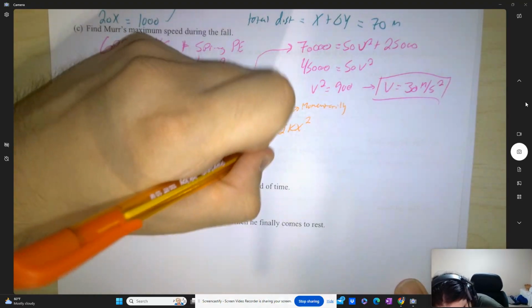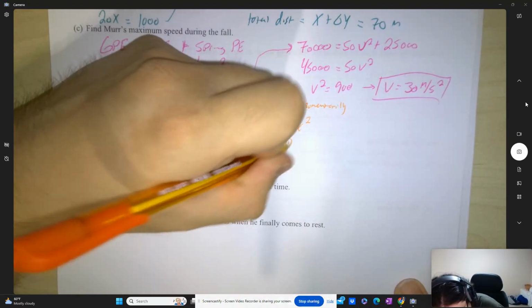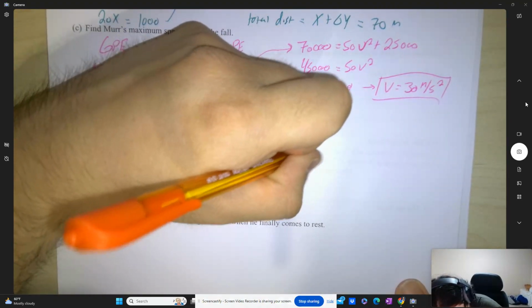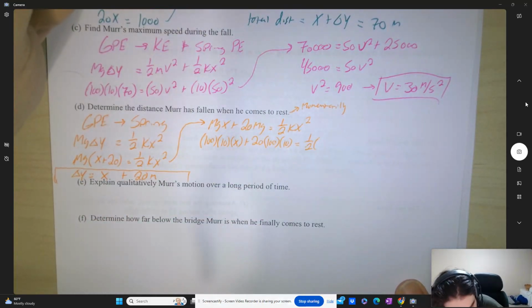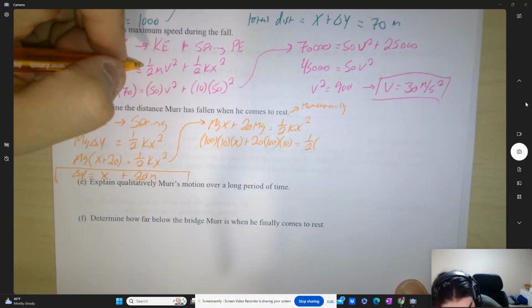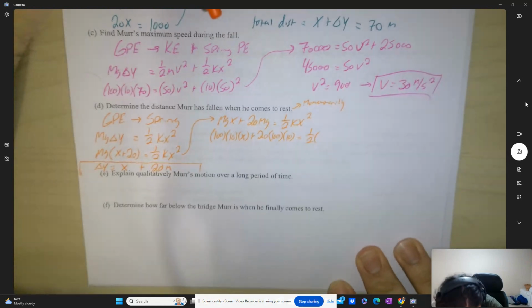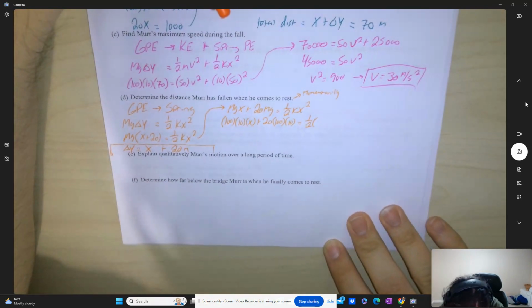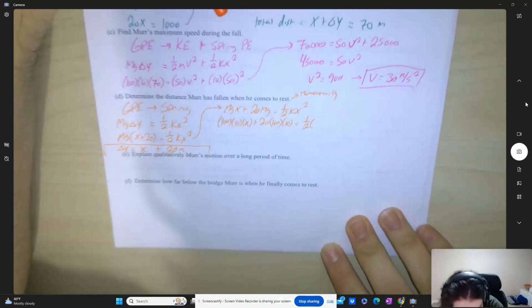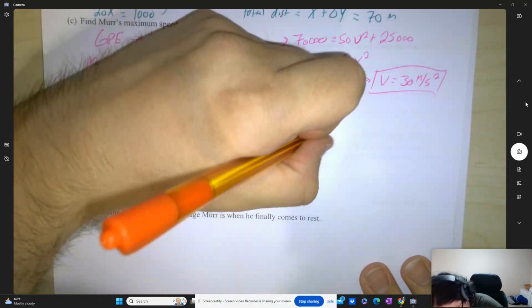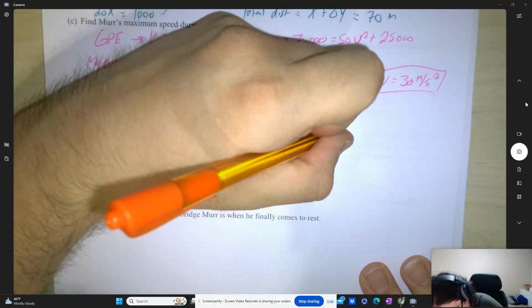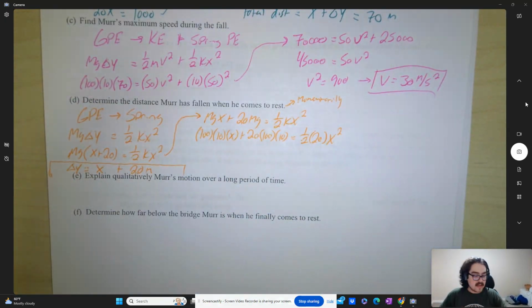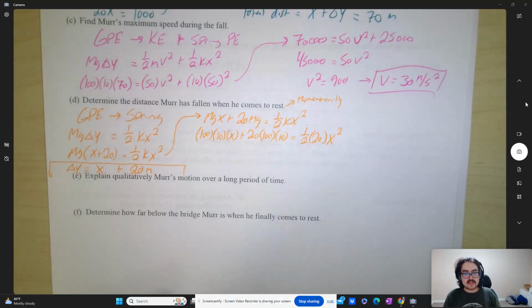20, the mass of Murph is again 100, g is 10, and I set that equal to 1 half spring constant. What was it, 120? I keep forgetting. Oh no, it's 20, right? I can't see it because I've got my document camera over it. It's 20. So 20x squared. Now, you should notice a couple of things.